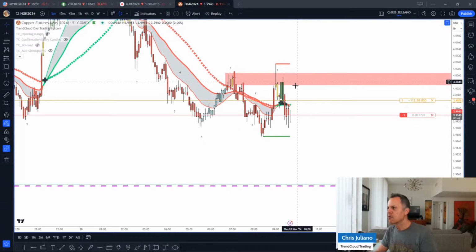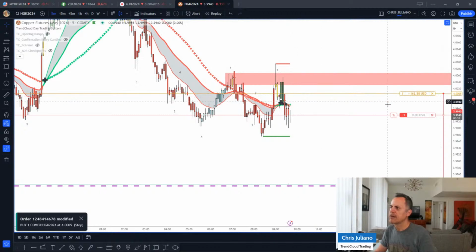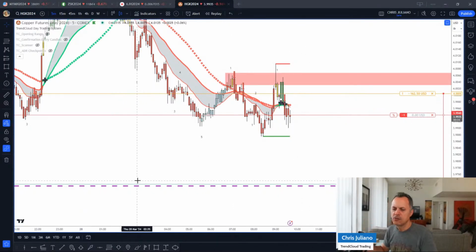I usually say, give it the full length of the arrow. There's that TrendCloud arrow, so you could use that.